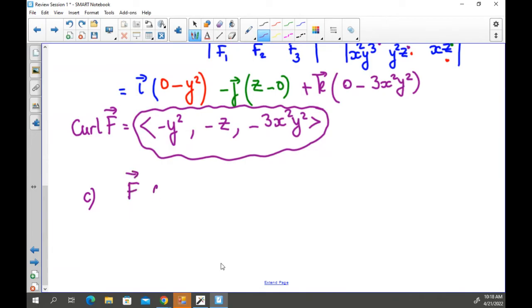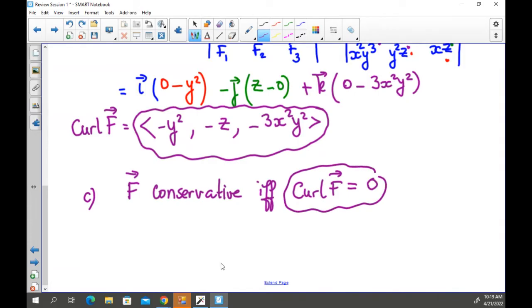F is conservative if and only if its curl is equal to 0. Yes. The curl should be equal to 0.